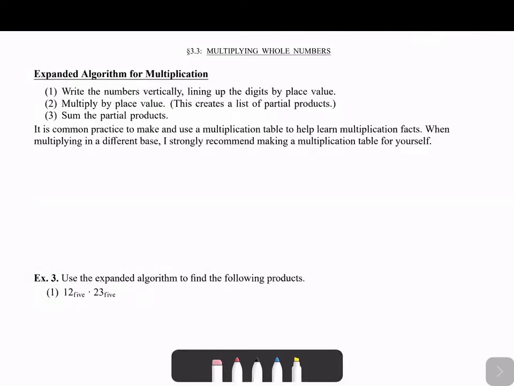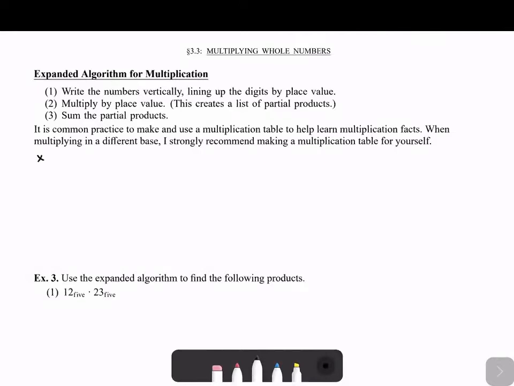We memorized those in elementary school growing up, but just because we're doing operations in different bases, it may help us to do this. So let's write a multiplication table for base 5.